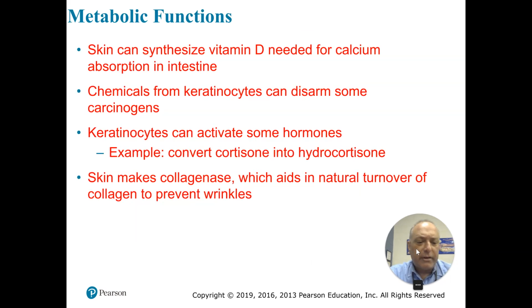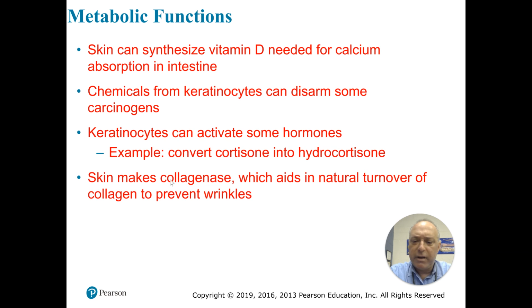So there are metabolic functions of the skin, like the synthesis of vitamin D. If you don't get into the sunlight, you can just take a pill for this. There's also activation of some hormones, like cortisol to hydrocortisone.